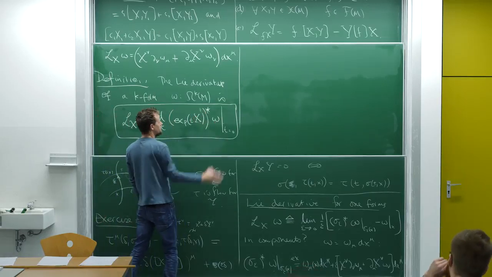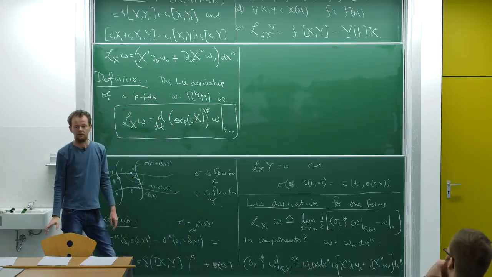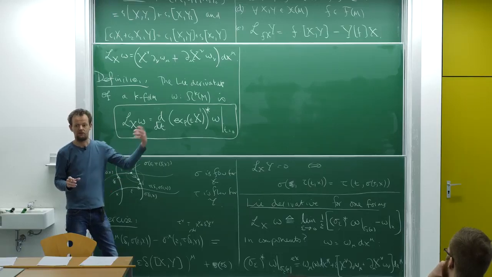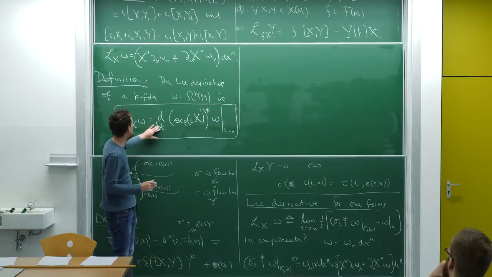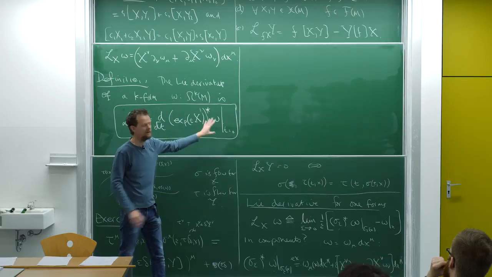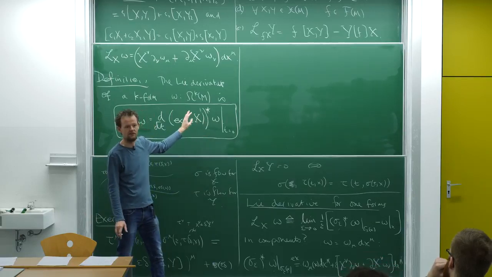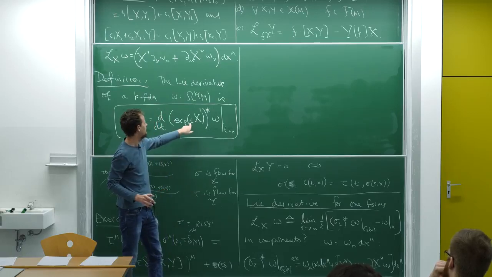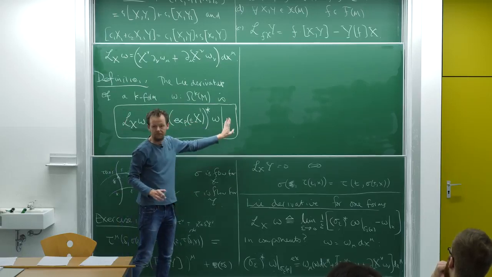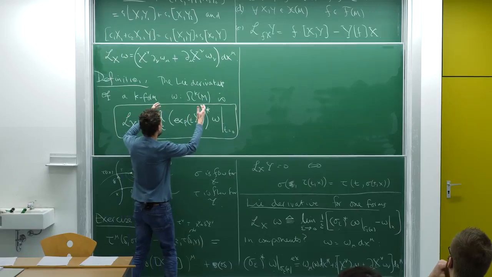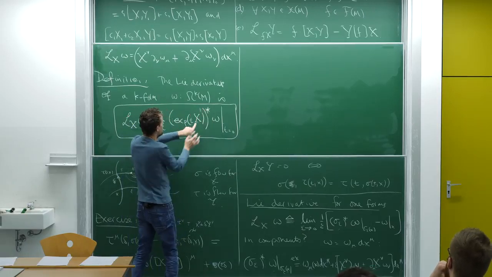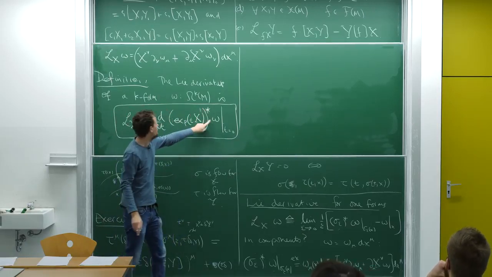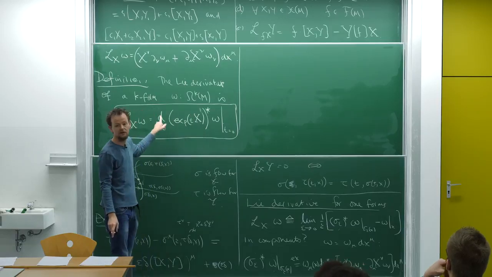You have your one form defined in two locations. So d/dt at t equals 0 is just that limiting process where t goes to 0. So you could imagine replacing this instantly with a limit of 1 over epsilon, and so on. So this is the pull back of the flow with respect to x of the K form, differentiated.